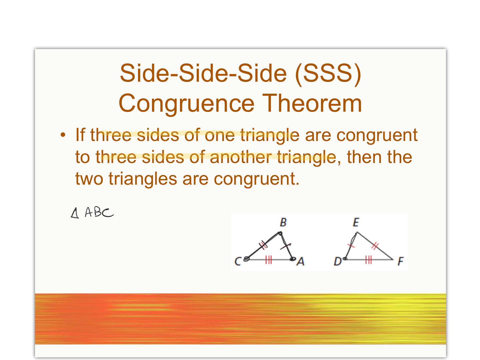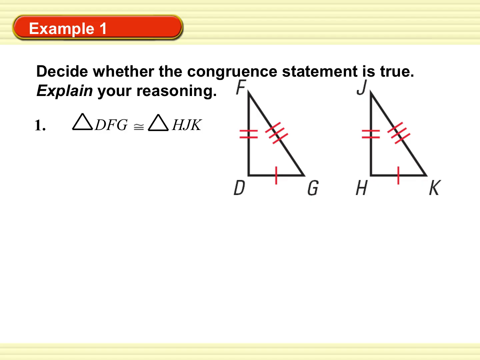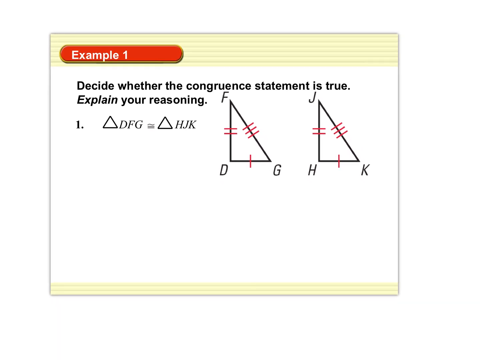So triangle ABC is going to be congruent to triangle DEF. And again, make sure that your angles work out and that your vertices follow the same order.